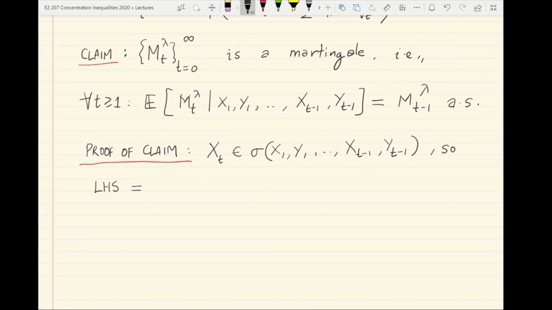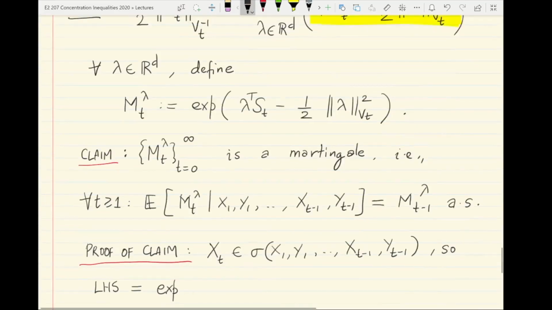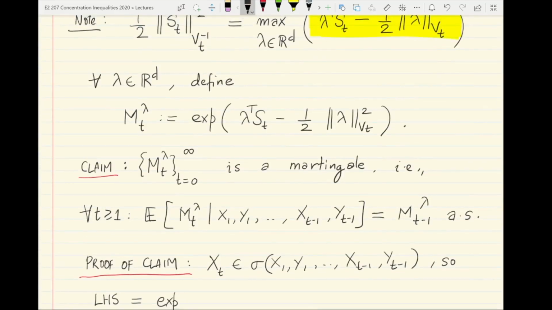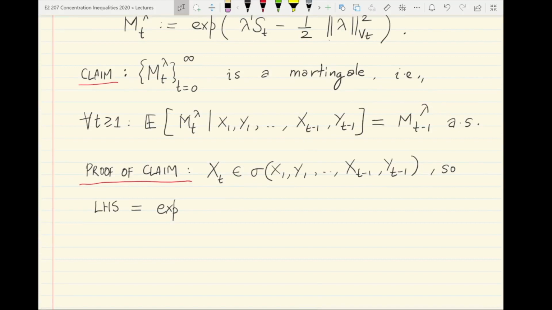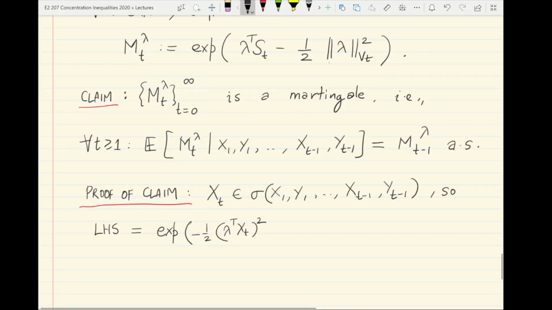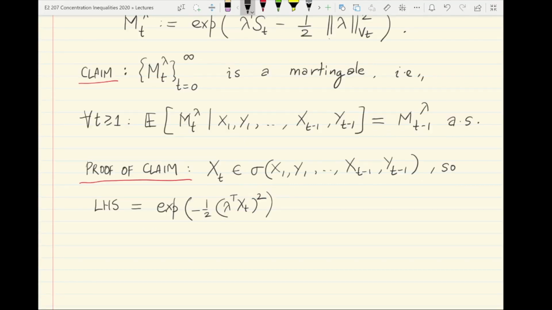In the left hand side you can bring out the term corresponding to x_t, that's the e raised to minus half lambda transpose x_t the whole square. This is just the last term in the norm of lambda under V_t, the whole square. It comes out because x_t is already measurable with respect to x_1, y_1 up to x_{t-1}, y_{t-1}, just because of the causal nature of the sensing decision x_t.